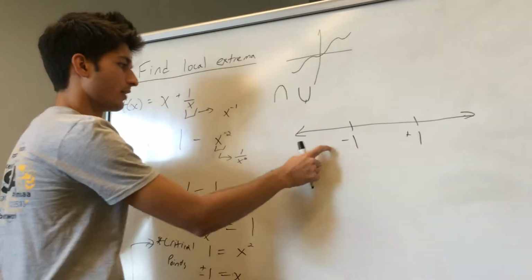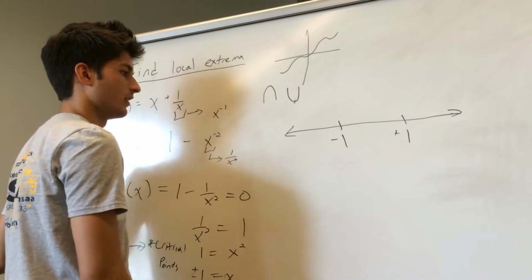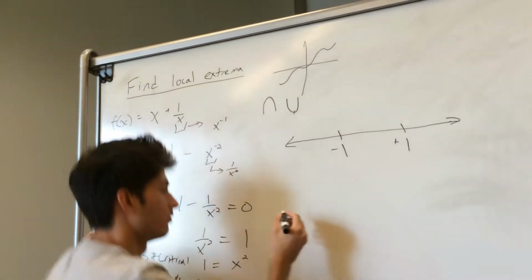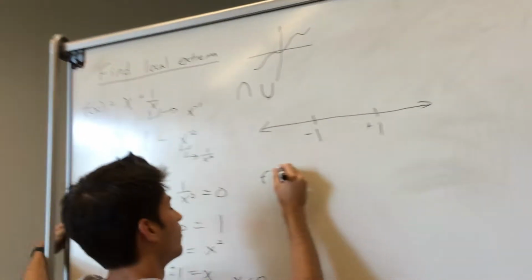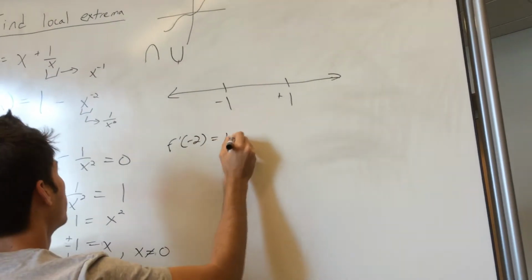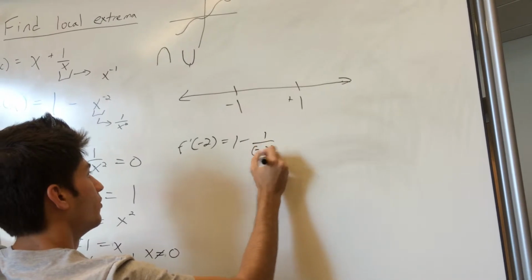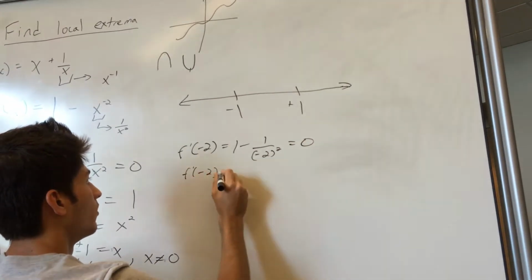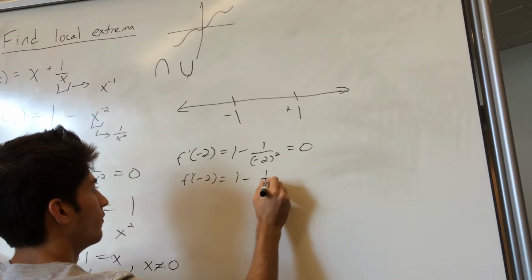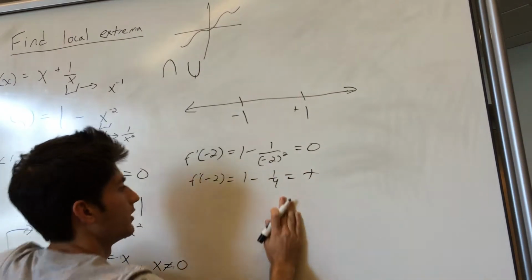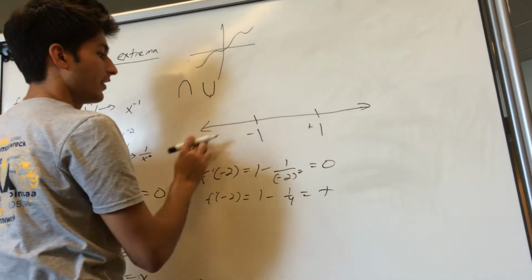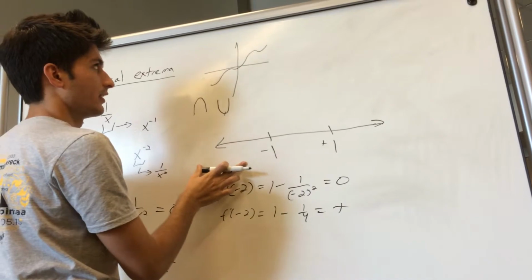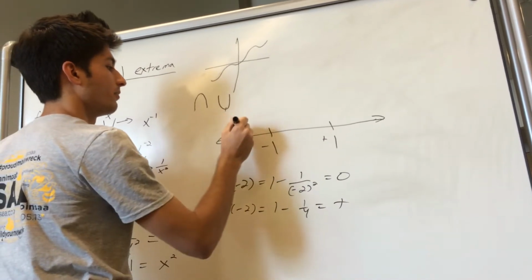We can pick any arbitrary number less than negative 1, so let's go with negative 2. 1 minus 1 over 2 squared, that's 1 minus 1/4, which gives us positive 3/4. So any slope where x is less than negative 1 is going to be positive.